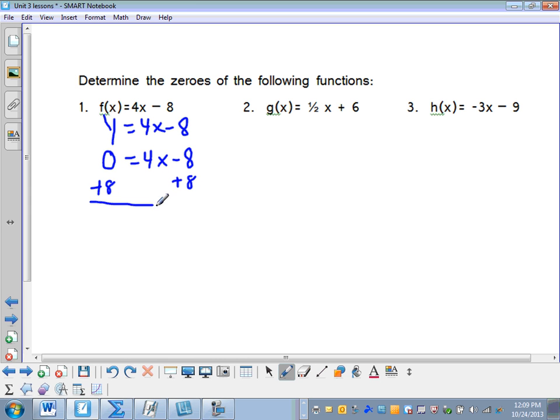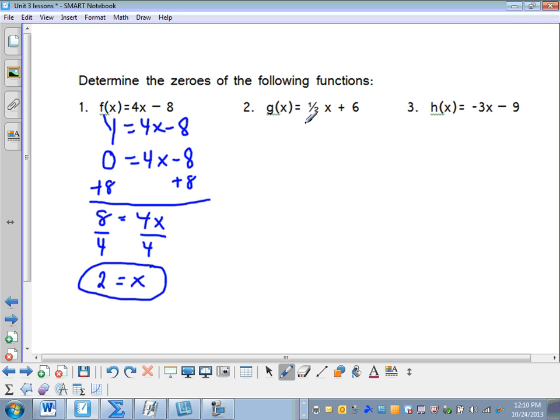So I set it to 0 and I add 8 to both sides. X is equal to 2. 4 times 2 is 8. 8 minus 8 is 0. The 0 of this function is 2.